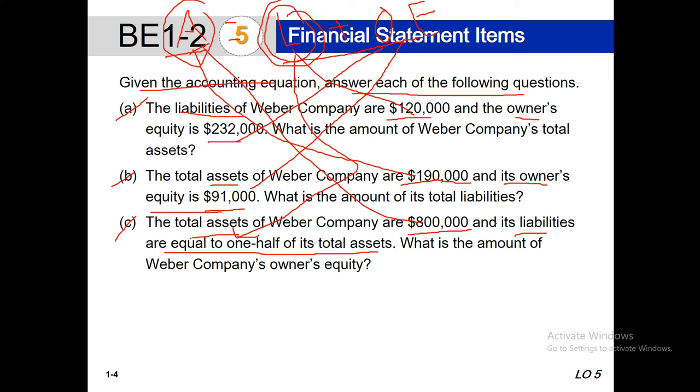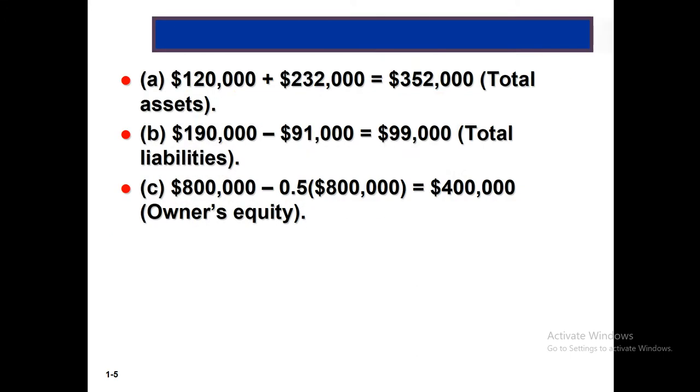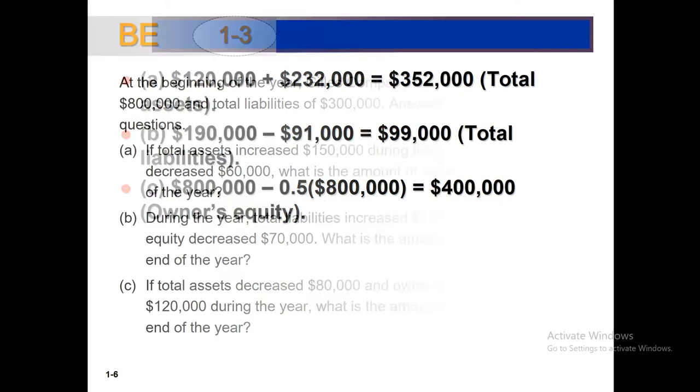What is the amount of Weber Company's owner's equity? So the owner's equity must be one half, that means 4 lakh. This is our total assets, this is one half for liabilities, and the other half will be the owner's equity. So I think everybody is clear on this problem and solution.